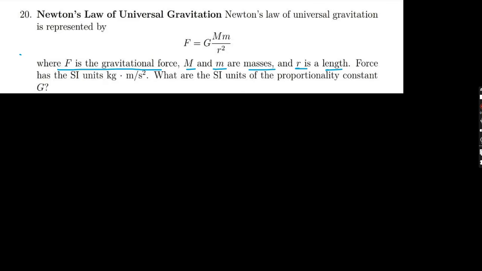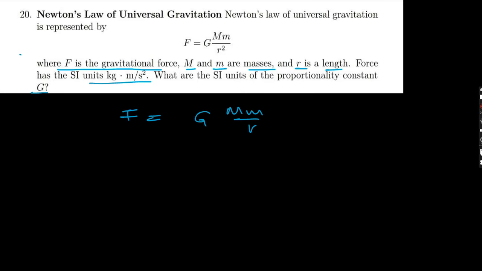Then you have to find the units of G, if the units of force are this. So I've been given this formula, guys, F equals G M M over R squared. I still have a space here. To get rid of this, we want to make G the subject.